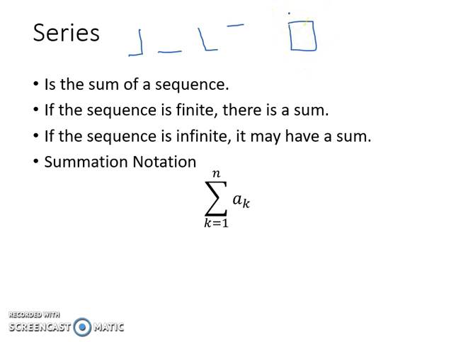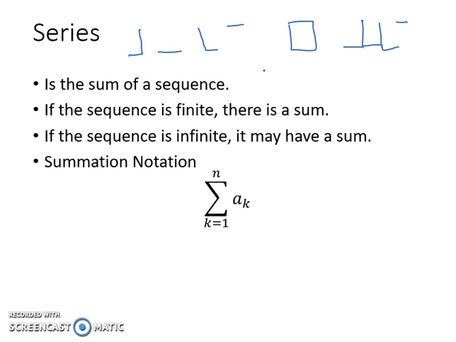Granted, I didn't draw them in the order, but we could conceivably add those together and make a box of some sort. Or maybe it would look more like that. But there's some way that we can put them together.